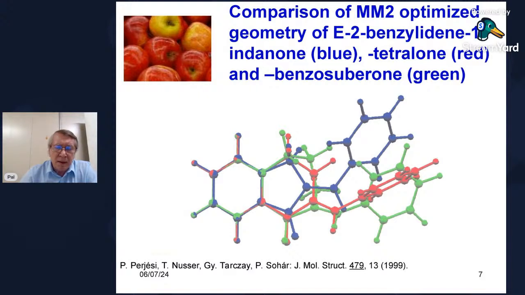So one of the most obvious consequences of incorporating a ring into the open chain chalcone structure is modifying the three-dimensional structure of the compounds, particularly modifying the relative position of the two aromatic rings of the chalcone moiety.